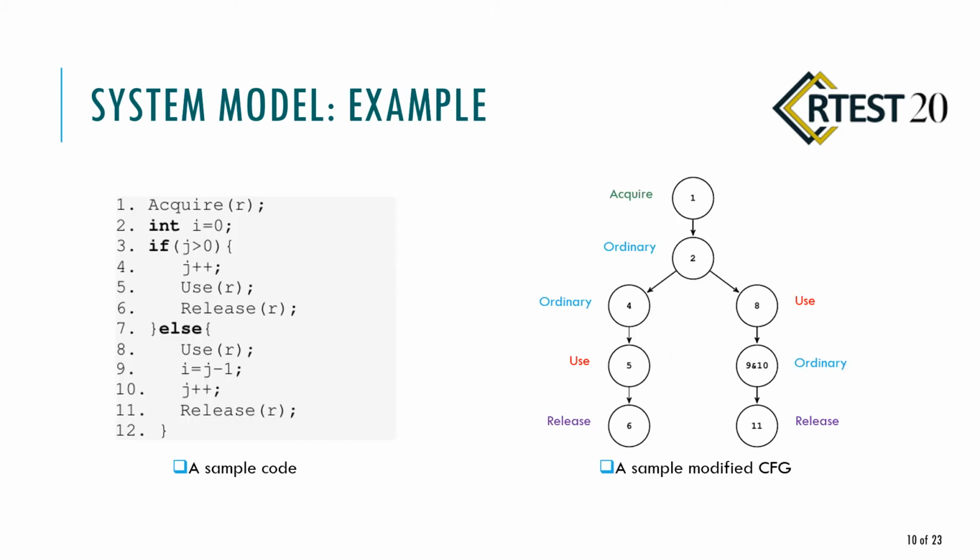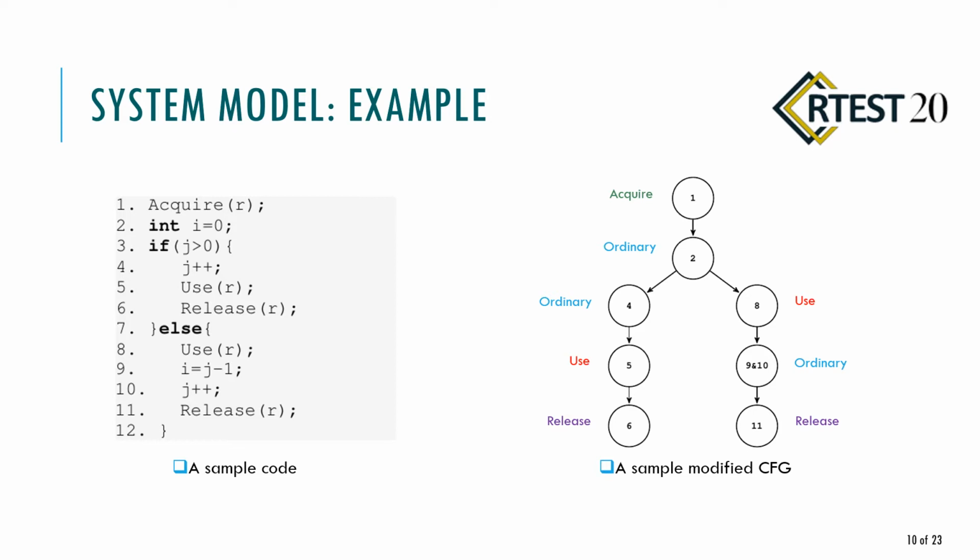Here is an example for the software model with a sample code and its corresponding sample modified CFG. As has been specified, the sample code consists of an acquire statement, 4 computation statements, 2 release statements, and 2 use statements, and also a branch.